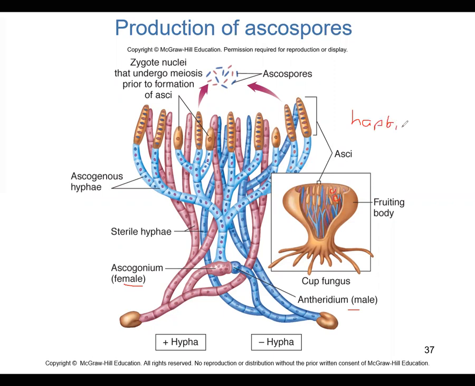But it is from two different specimens, so it is a mixing of the genomes, again, for sexual reproduction. And then you release those ascospores, but they are haploid, so chromosome count of N.